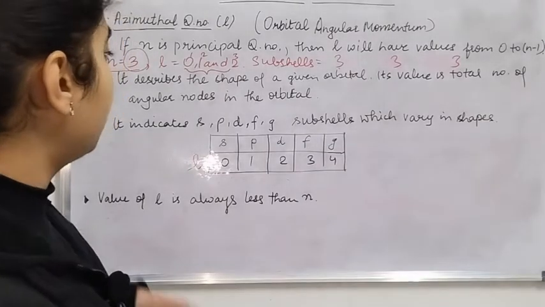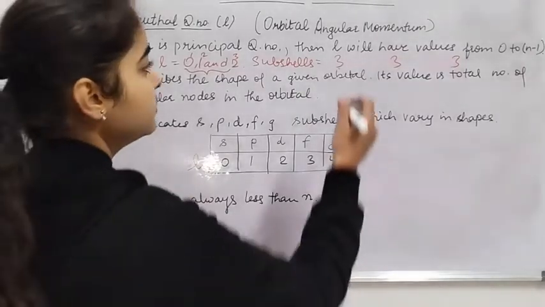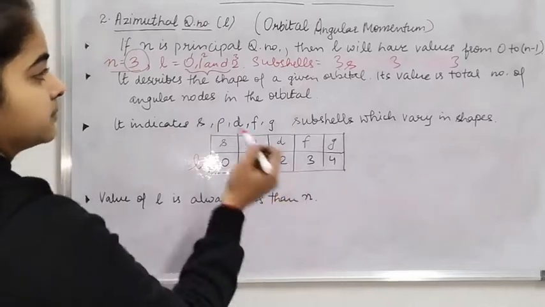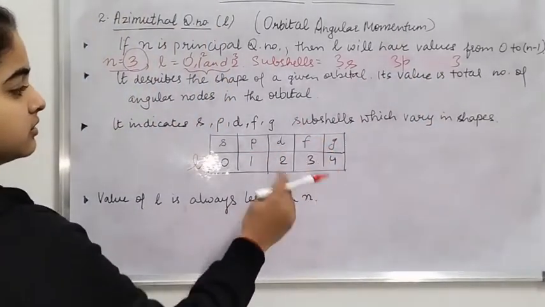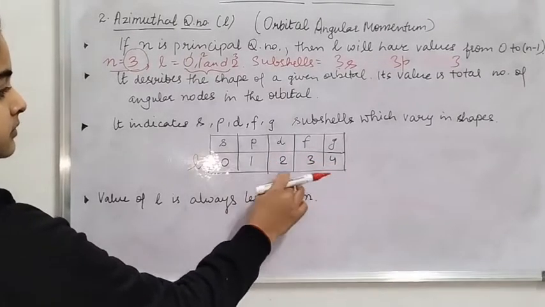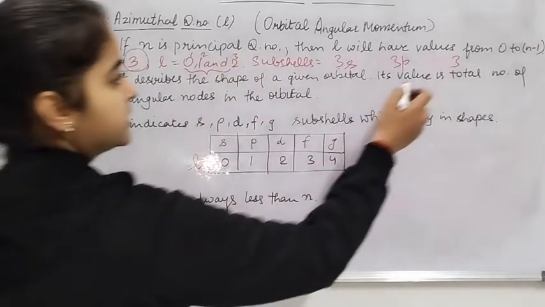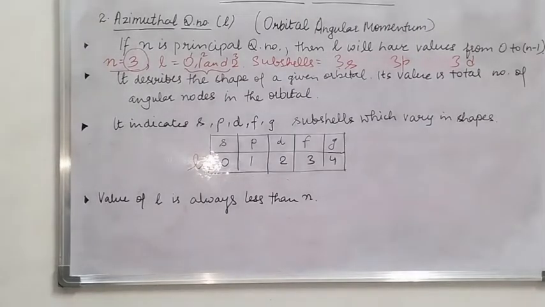So if the value of l is 0, 0 means S, so write down S here, and 1 is against P, write down P here, and here is 2, 2 is for D. So these are the subshells.